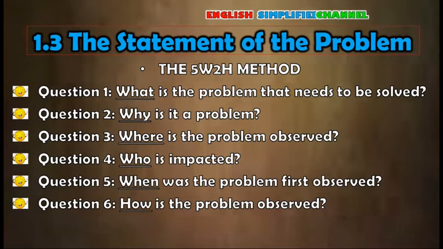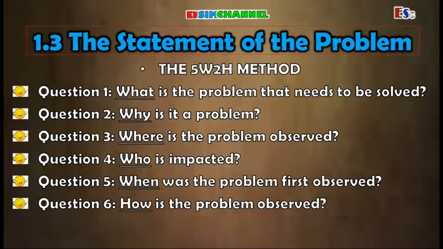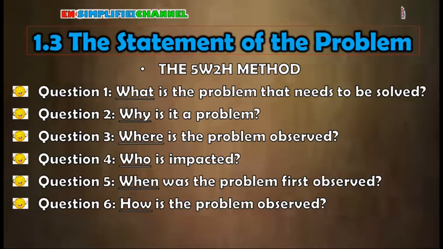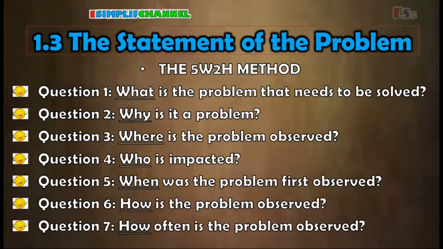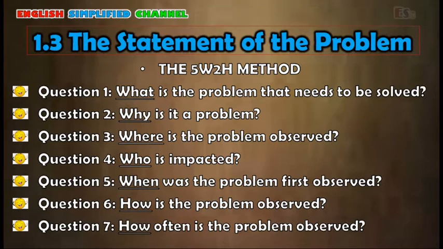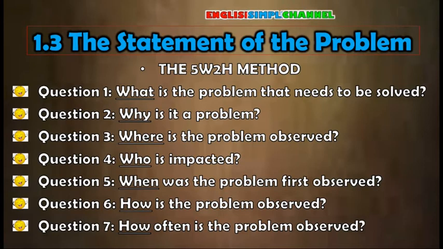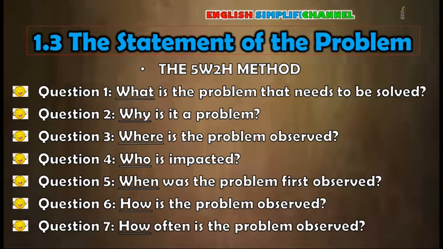Is it by your observation, your experience, or by reading literature, and so forth? And how often is the problem observed? So by answering these questions, they will be the content of the statement of the problem.